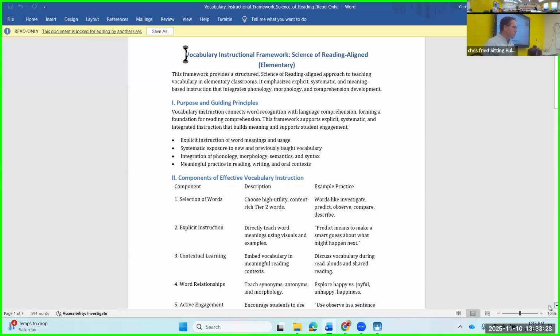So what I gave you was a little bit of a framework and outline of ways to teach vocab based upon that science of reading component, right? It's not a curriculum, but it's a structured approach to teaching vocab in elementary classrooms.